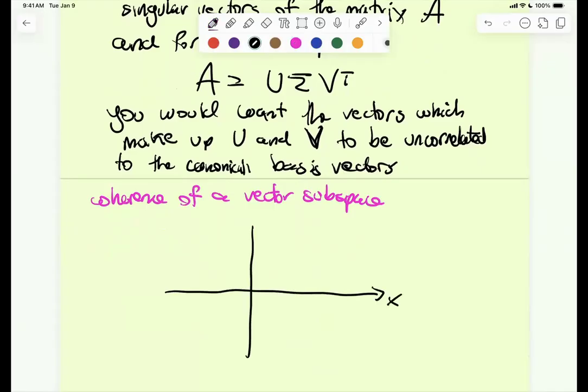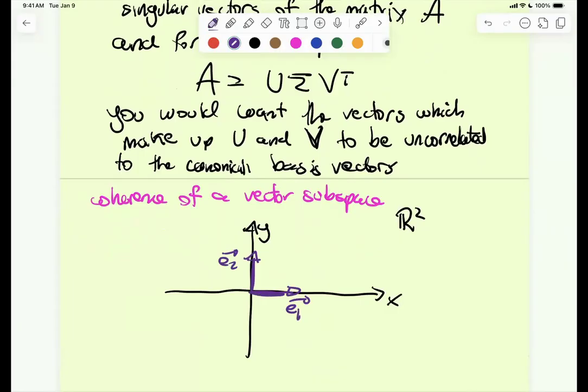So imagine that you are on R2. You have the canonical basis, E1 and E2.